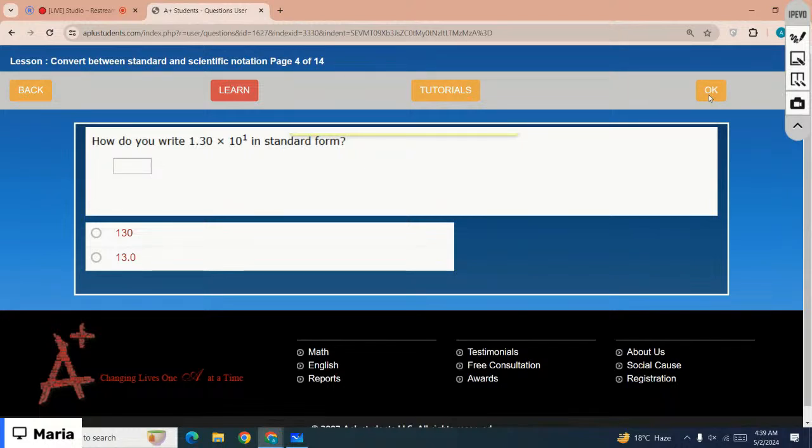How do you write 1.30 times 10 exponent 1 in standard form? Which is the correct option?